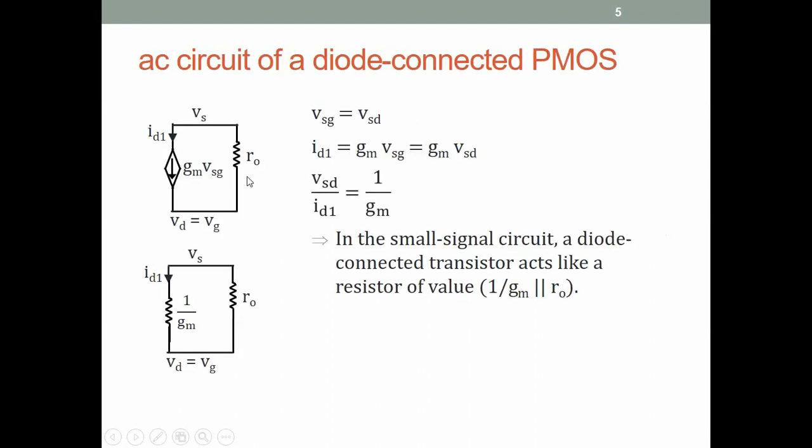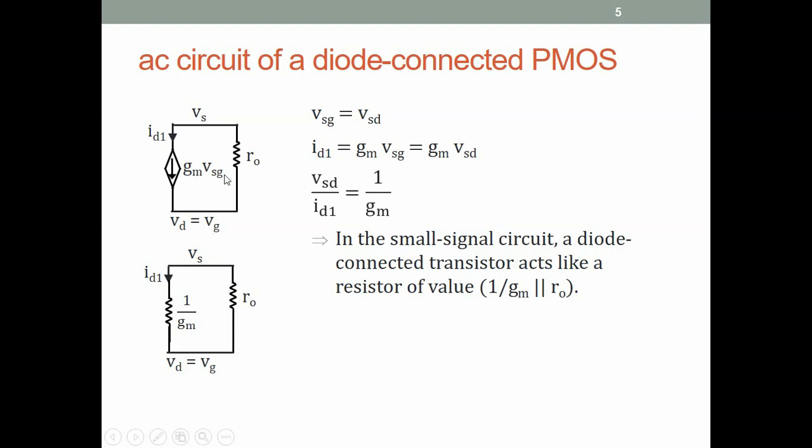Alright. Now let's look at the AC, or the small signal circuit of a diode connected transistor. So this is the small signal circuit. Now if the transistor is diode connected, and I'm looking at a PMOS, so the drain and gate are shorted, so the drain and gate AC voltages are equal.